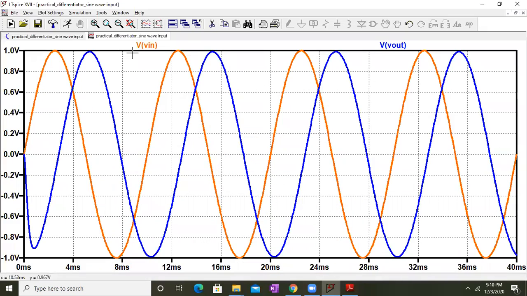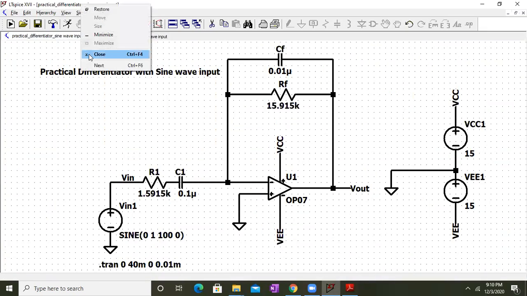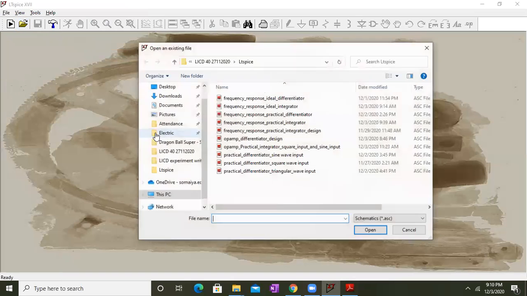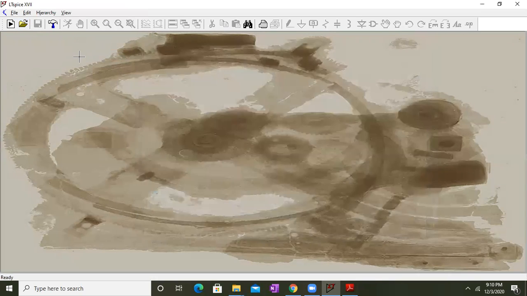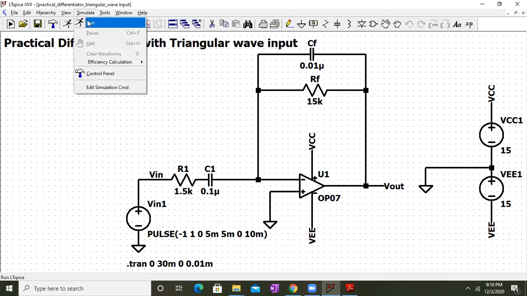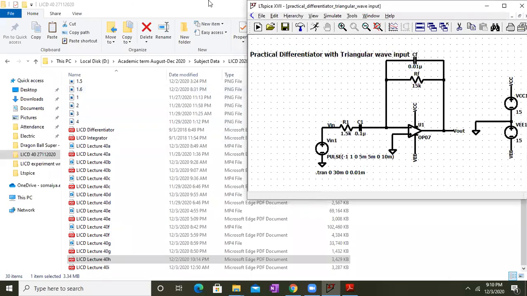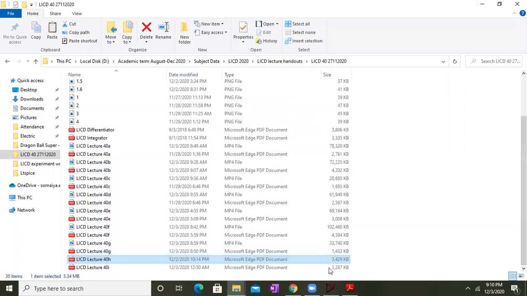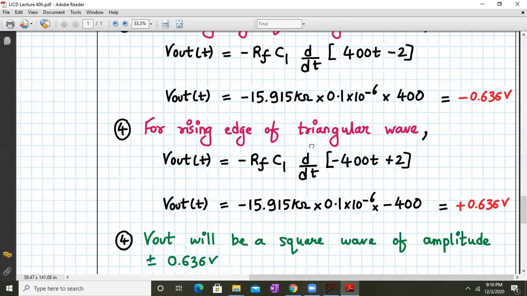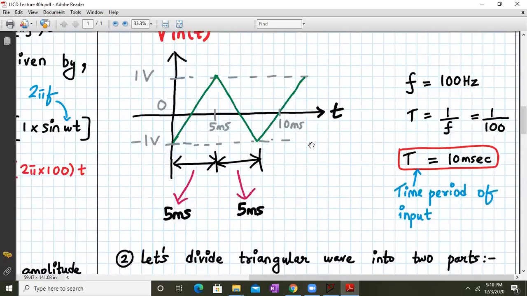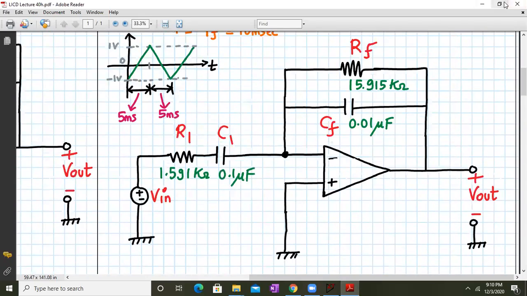So I'll go to LT Spice and I'll close this. This is not required. Next, practical differentiator with a triangular wave input. This is what we want. And let's simulate this. So actually the values have to be put in very, very carefully over here. So let me open that PDF. Okay.